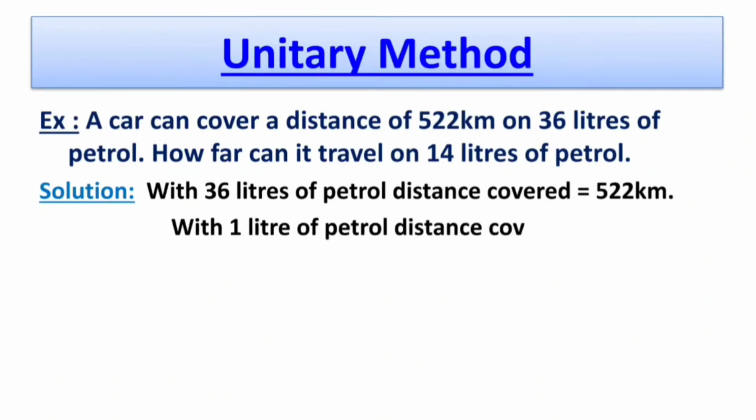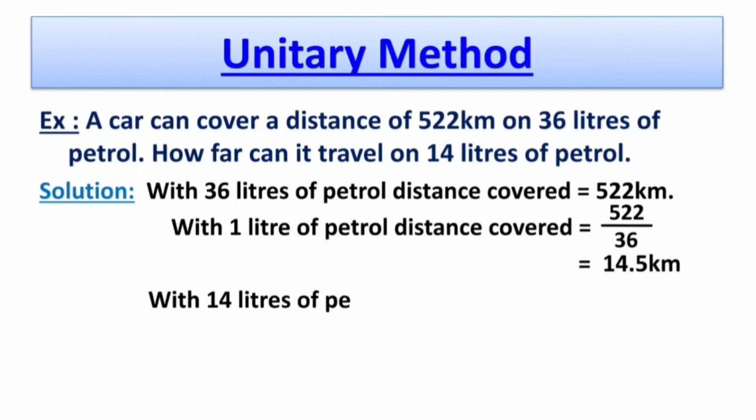Now calculate with 1 liter of petrol, the distance covered by car is 522 divided by 36 equals 14.5 kilometer. As in 1 liter petrol, distance covered by car is 14.5 kilometer.